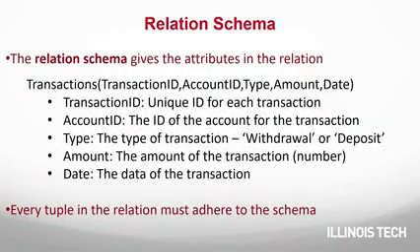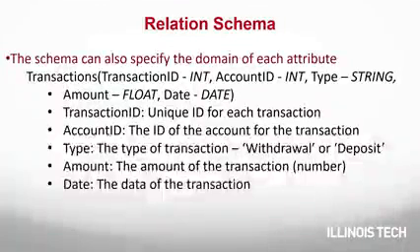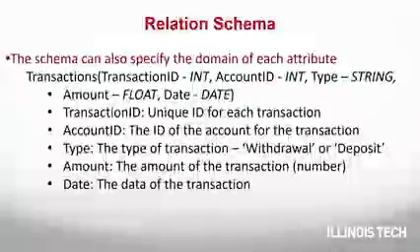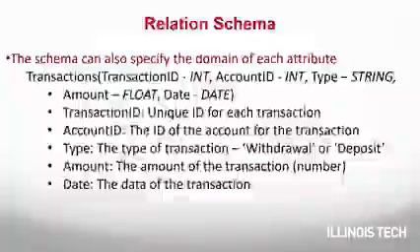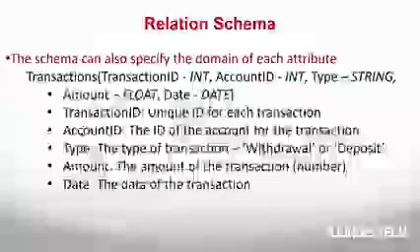And every single tuple in the relation must adhere to this schema. We can also enhance the schema by showing the specific type and domain of each of the attributes. For example, a transaction ID is an integer, an account ID is an integer, the type is a string restricted to just the string deposit or the string withdrawal, the amount is a floating point number, and the date is of type date.